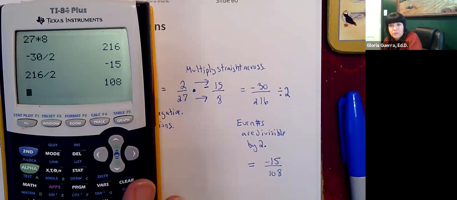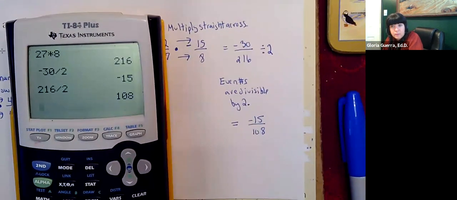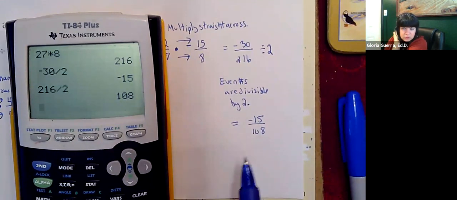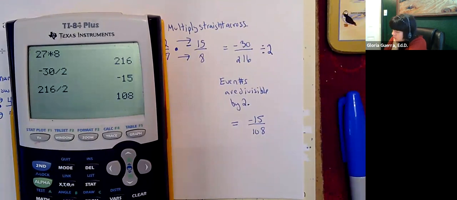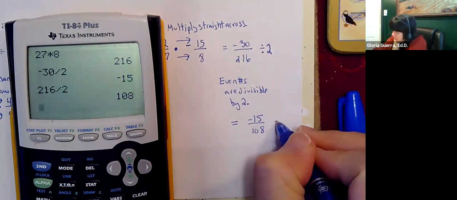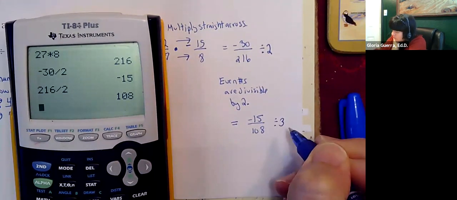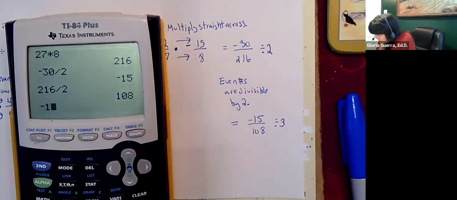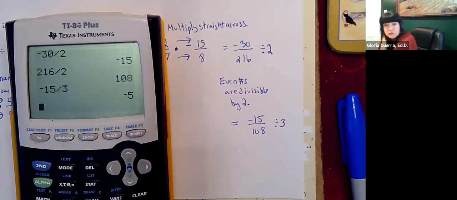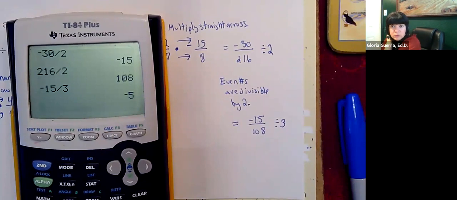So you know that can be reduced again, but not by 2, because negative 15 is not an even number, so let's try 3. Let's see if it is reducible by 3. Negative 15 divided by 3 looks good. No decimals. 108 divided by 3, that looks good too.